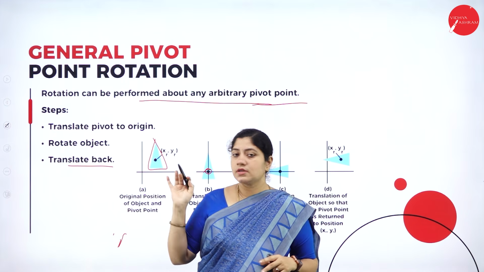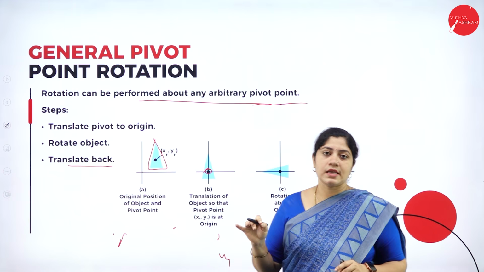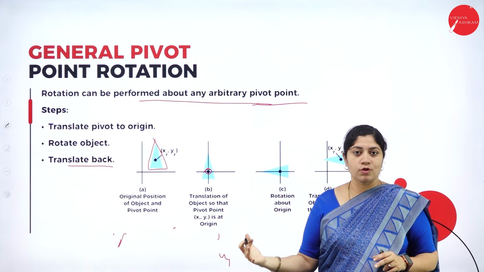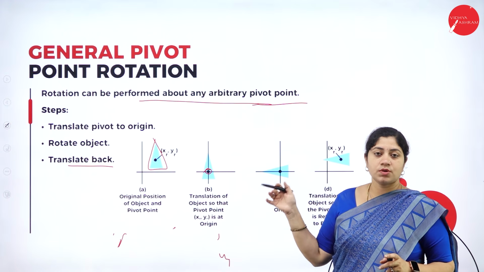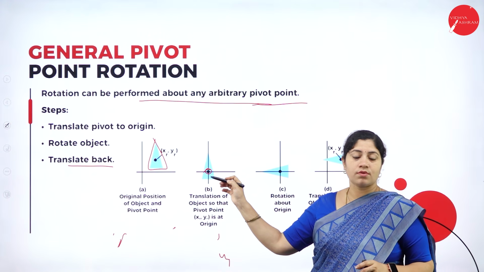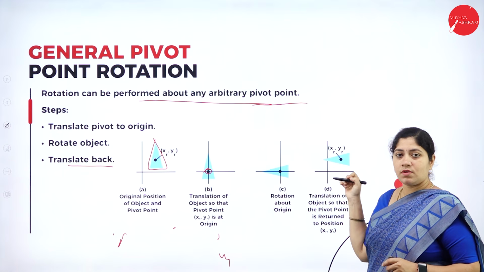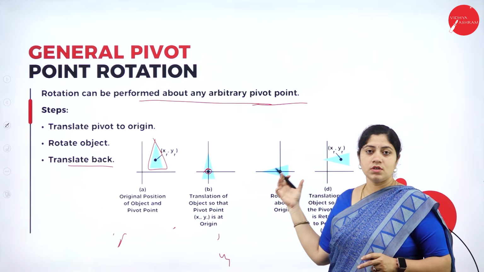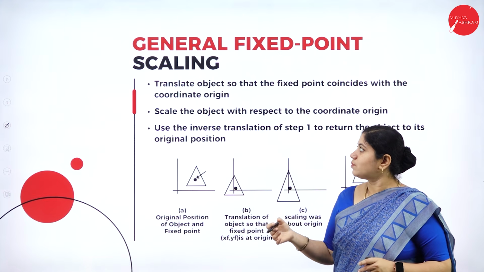So this is the process included in rotation of an object with respect to a pivot point. So whenever this question is asked, it's better to draw this simple diagram as we also get a continuity of the content. So let's move forward.